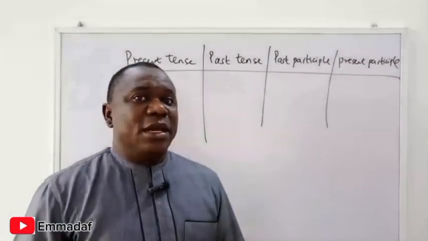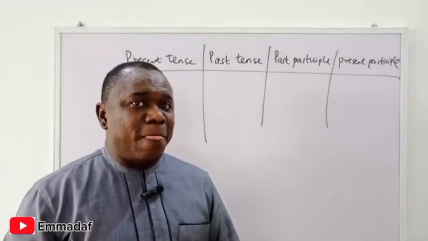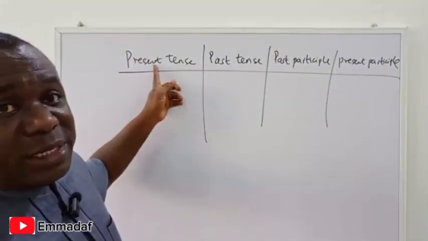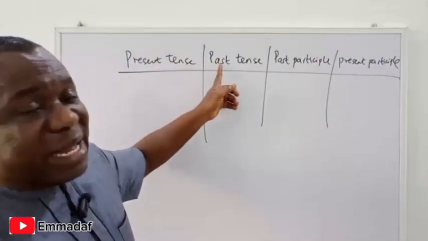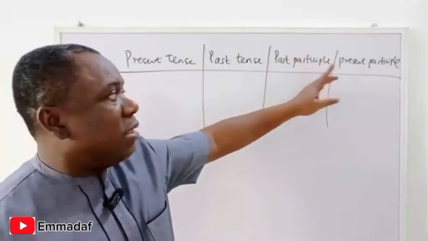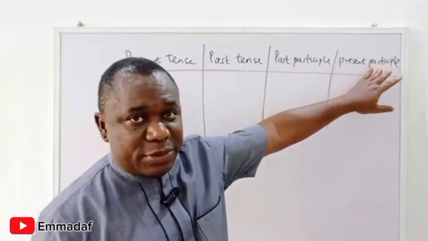These are the principal parts of the verb. The present tense, the past tense, the past participle, and the present participle.